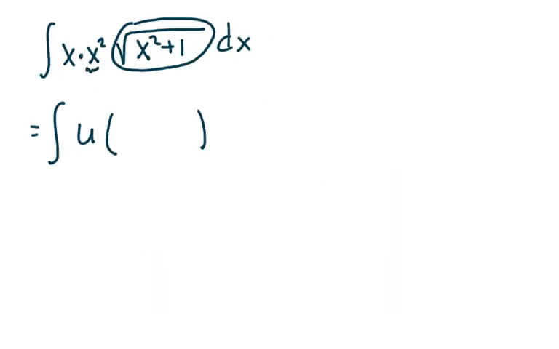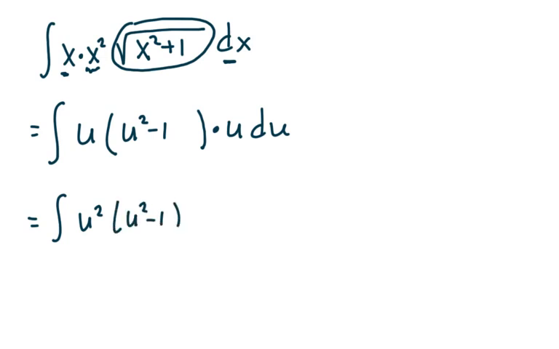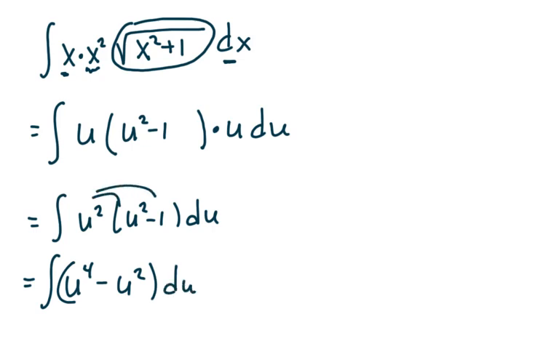So I'm going to replace x squared with u squared minus 1. x dx becomes u du. Okay, now this is the integral of u squared times u squared minus 1 du, which is the integral of u to the fourth minus u squared du. So I just distribute in.